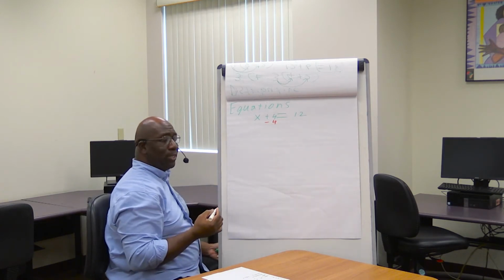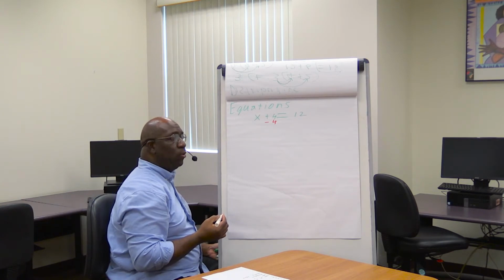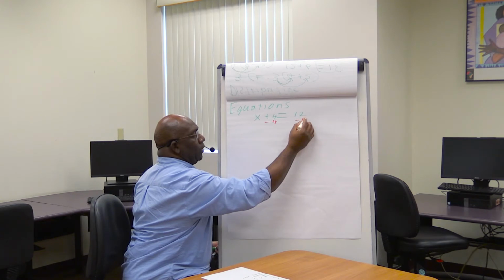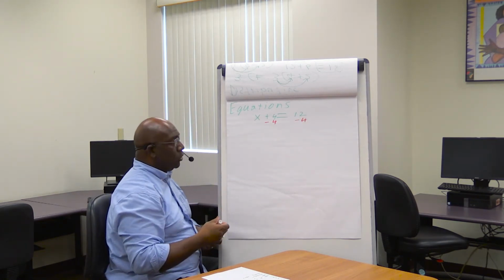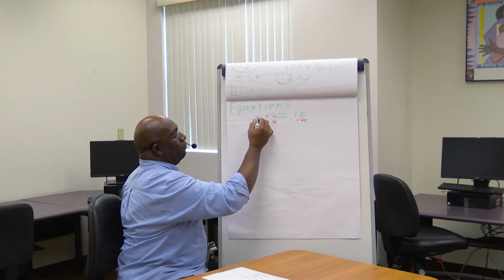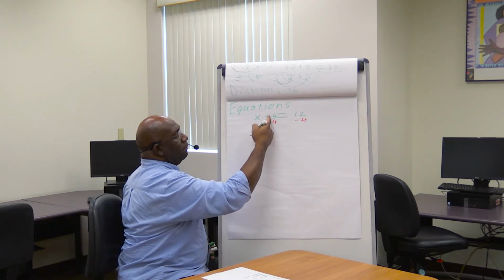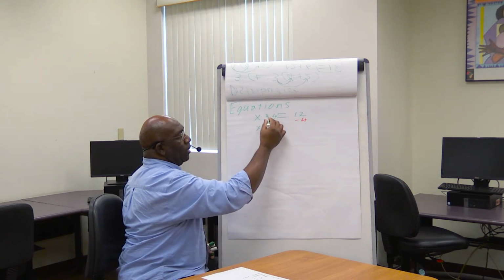And remember the rule I told you guys before, whatever you do to one side of the equation, you also do to the other side of an equation. So, here we go. Bring down my x. Positive 4 minus 4 cancel out.